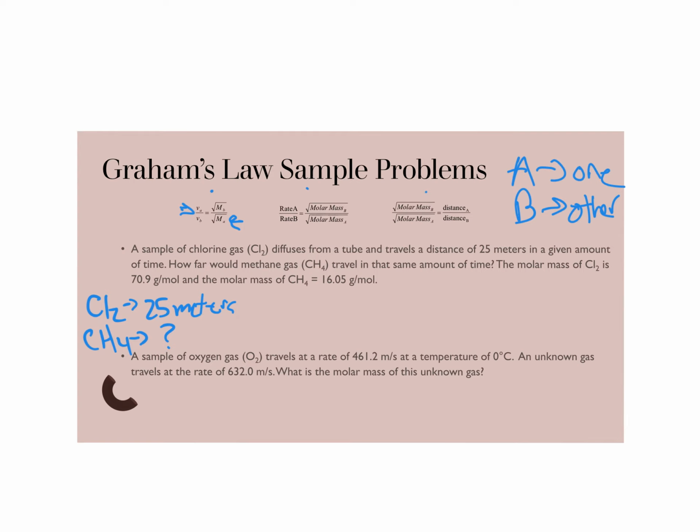So you look up to the top and say, oh, I need to use this equation. Let's describe chlorine as A, and let's describe methane as B. So the molar mass of B is CH4, and I identify that.